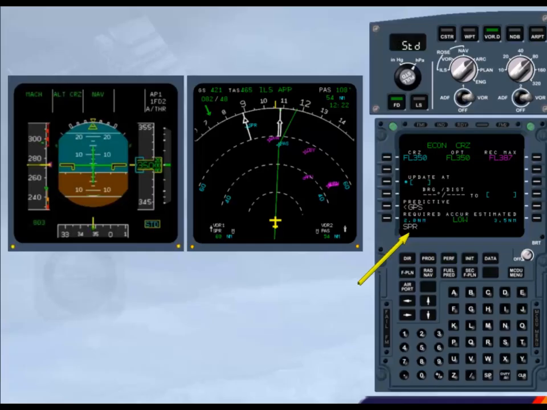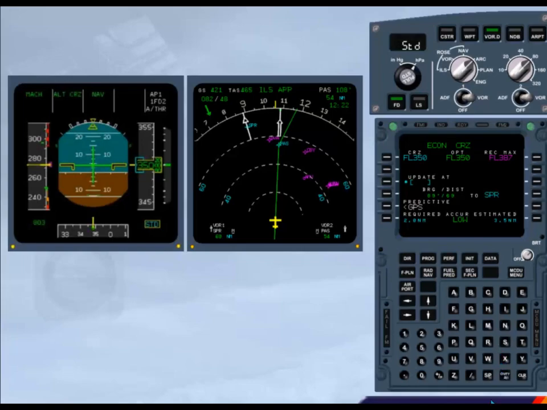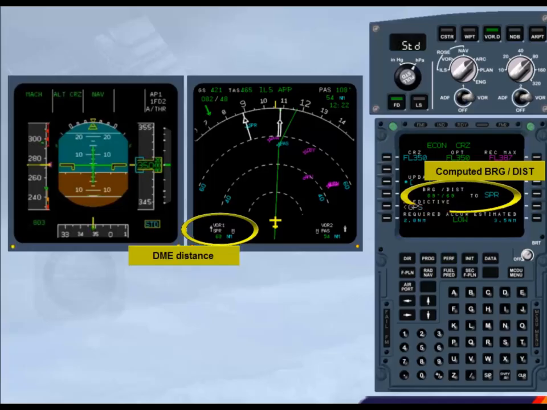Insert SPR in bearing distance field. We now have on the PROG page the computed bearing and distance to the selected NAVAID. The distances shown on the ND and on the PROG page can be compared.